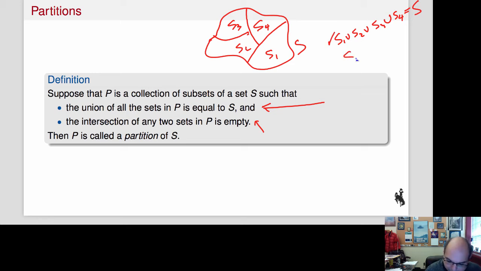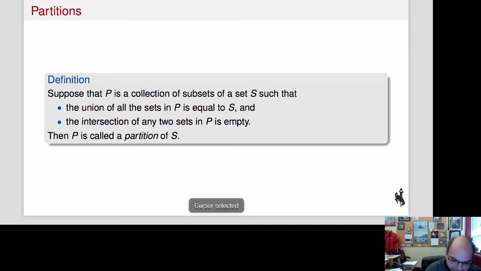And the second property, if I take, for example, S1 intersect S2, I get empty. So that's the second property here, and that has to be true for any pair. So I have to check all the other pairs, but you can see from the picture that that's exactly what's going to happen. So here is my mental model of a partition. Whenever I think of a partition, that's what I think of: some set being split in those ways.